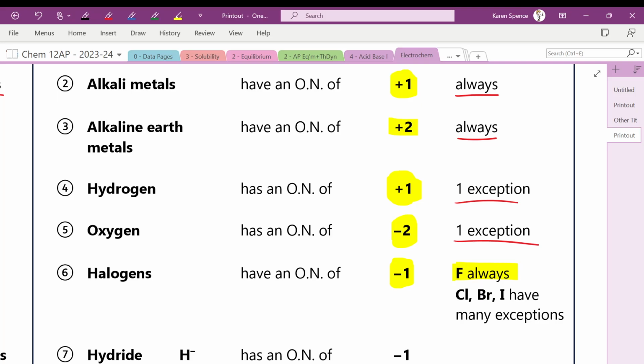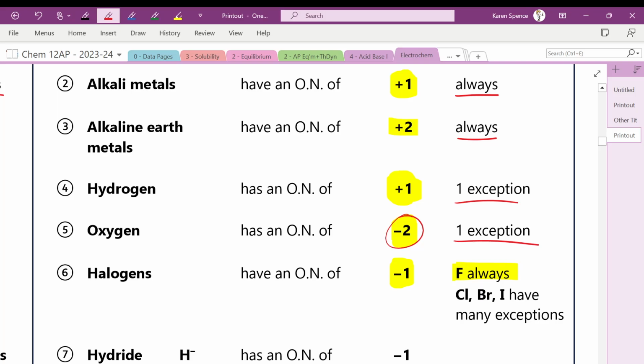If you're asked to find carbon's oxidation number, you can assume that chlorine is -1. If you're finding sulfur's oxidation number, you can assume that oxygen is going to be -2.